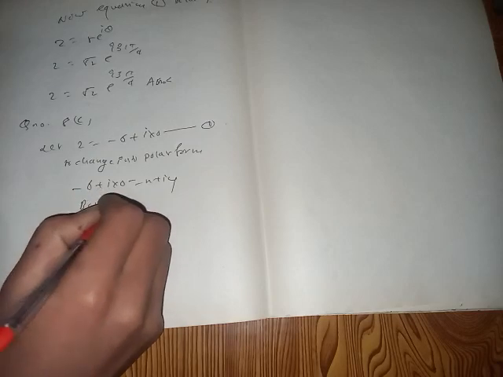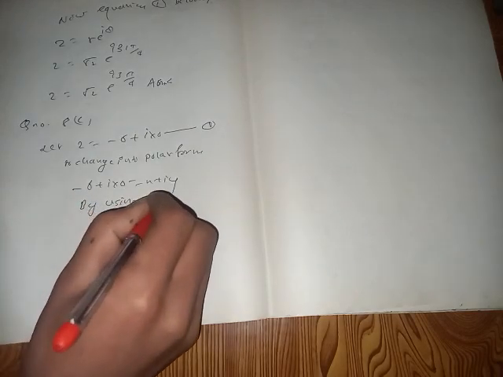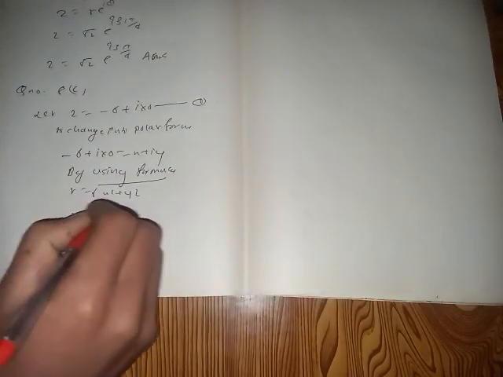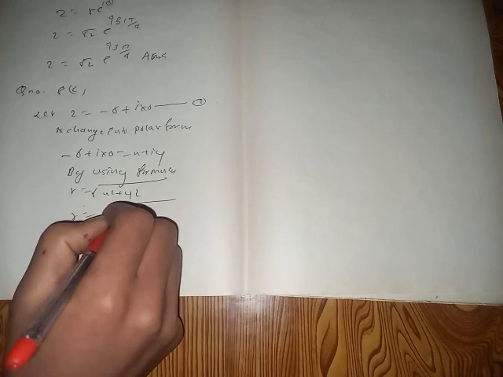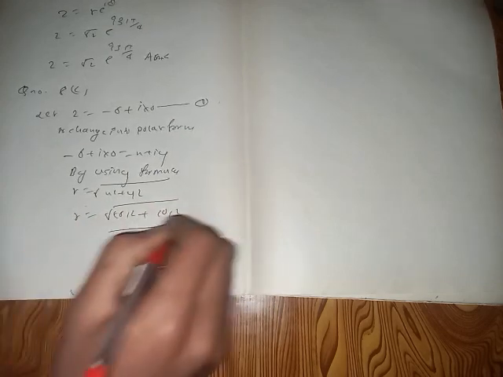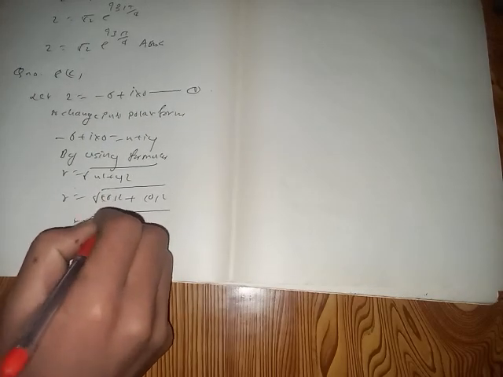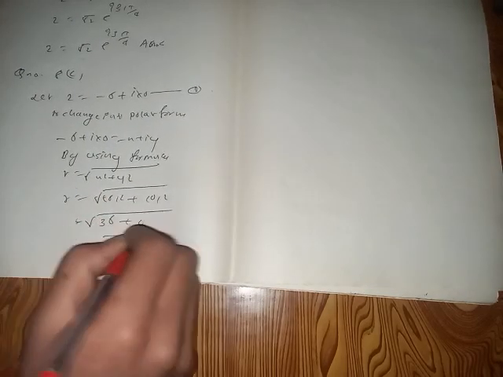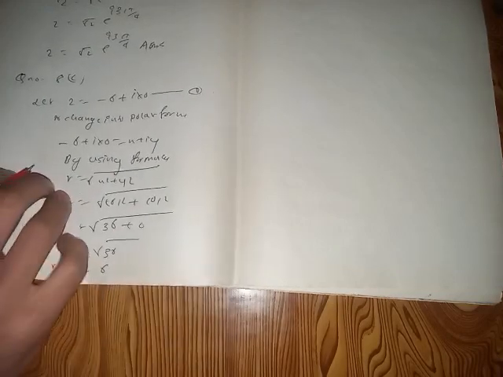By using the formula, we know that r is equal to under root x square plus y square, so r is equal to the value of x is minus 6 whole square plus the value of y is 0 square, that is 36 plus 0, 36, and the value of r is 6.